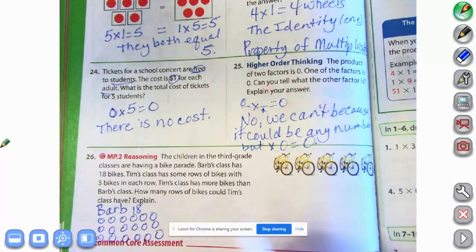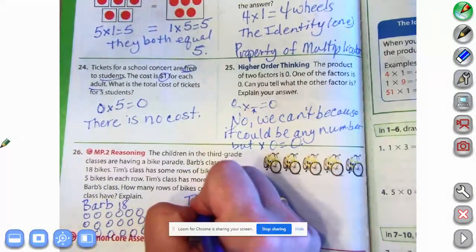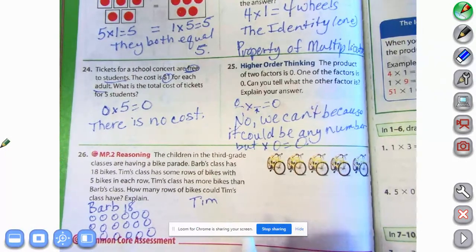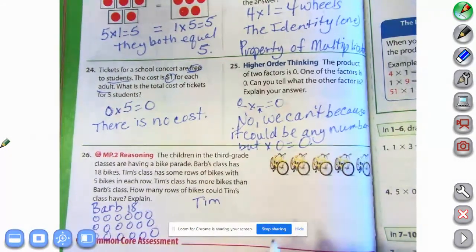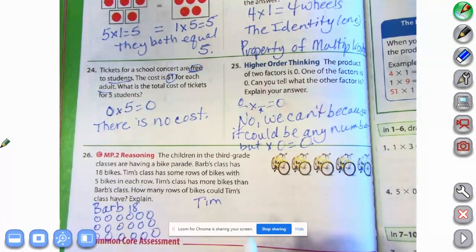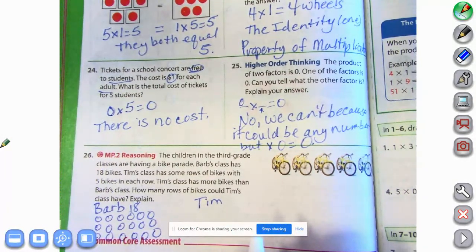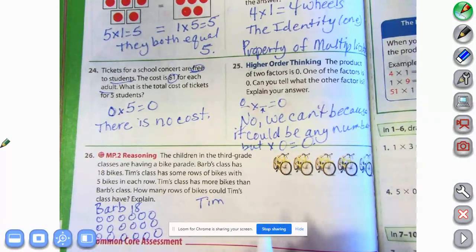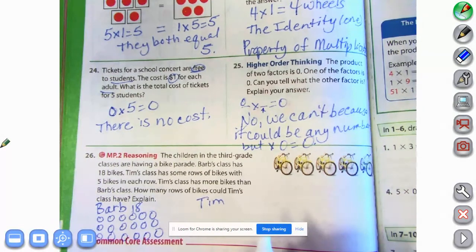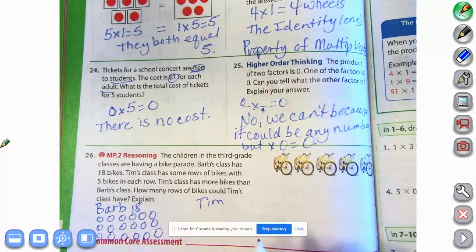Okay, and Tim has more bikes than Barb's class. How many rows of bikes could Tim's class have? Barb's class has 18. Tim's class has some rows of bikes with 5 in each row. Tim's class has more bikes than Barb's class.